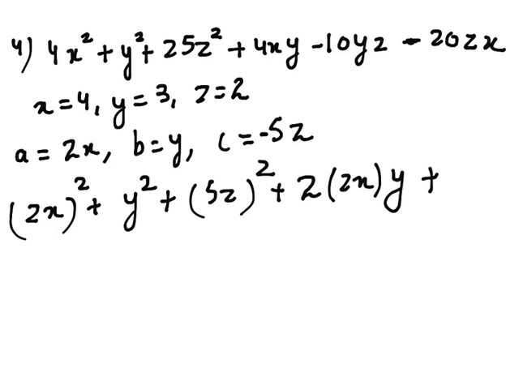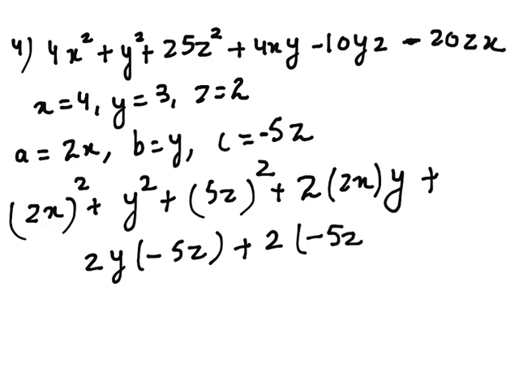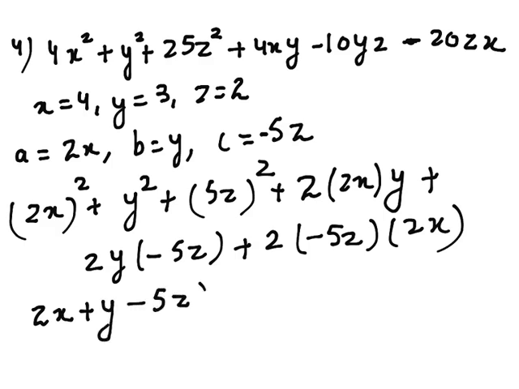So what we will do, we will write it as 2y times (−5z) plus 2 times (−5z) times 2x. So from there what we can see? We can see it can be written as (2x + y − 5z)².